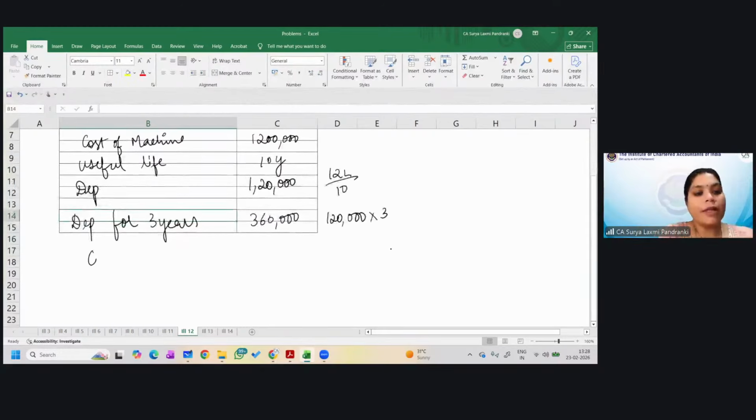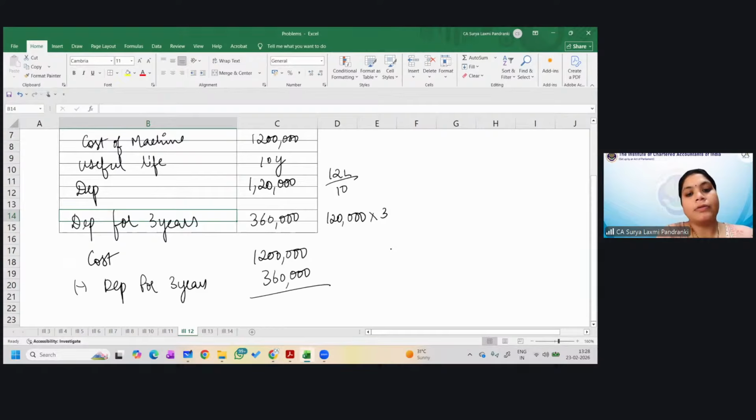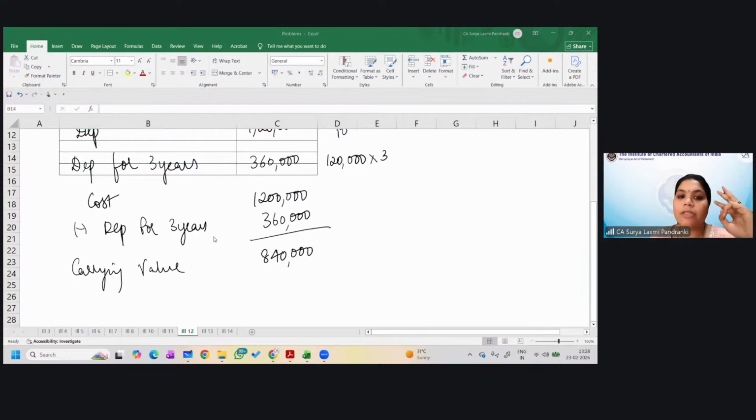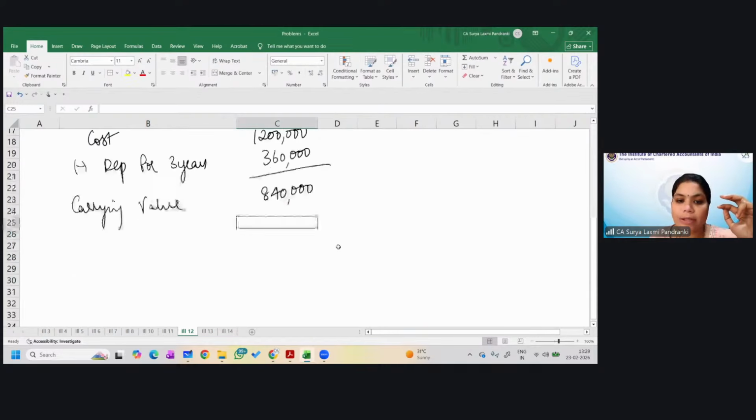So the carrying value will be how much now? Cost is 12 lakhs minus depreciation for 3 years, 3,60,000. The carrying value will be 8,40,000. Right? Till here, clear? I have provided depreciation for 3 years, so 3 years depreciation is 3,60,000 and the carrying value is 8,40,000.